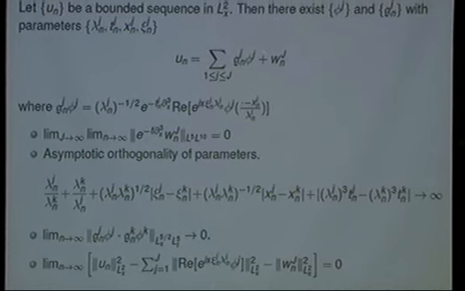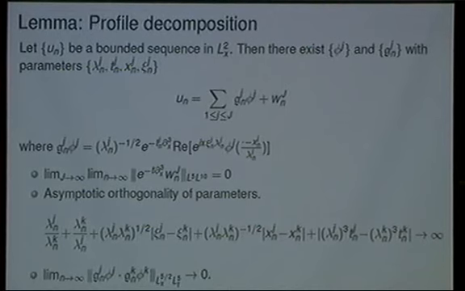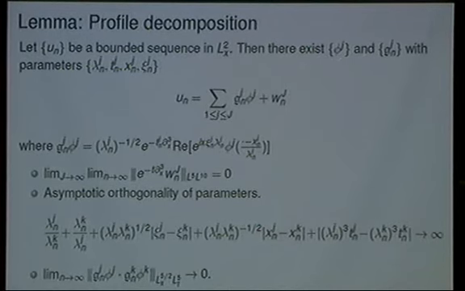But there exist profiles, countably many profiles, and the symmetry parameters. Then u_n can be written as a sum of profiles, where g_j^n is a symmetry, plus an error, and the error should go to zero in L5 and L10 norm.